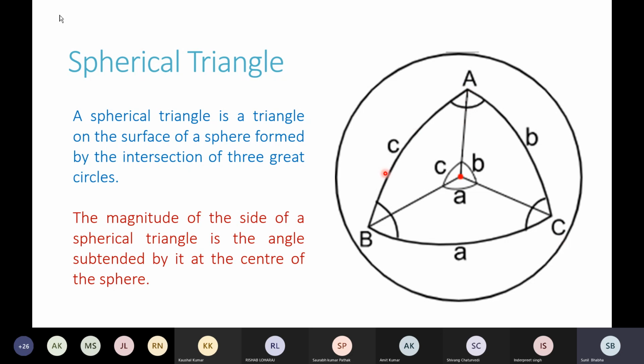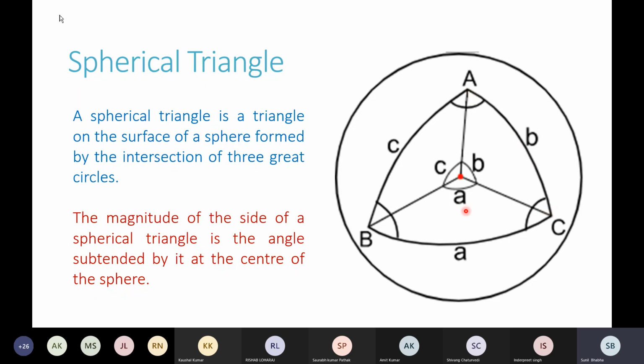You can see these 3 sides, AB, it is also represented as small c. Then BC, it can also be represented as small a. And the third side, AC, which can also be represented as small b. The side is either represented by the vertices which connect to form that side, like for this particular side, we can call it AC, or you can also call it the small letter of the angle opposite to it.